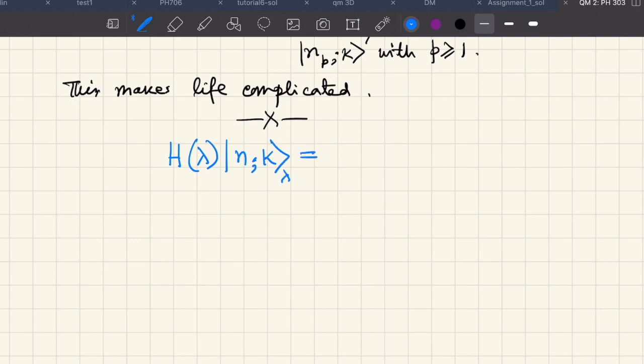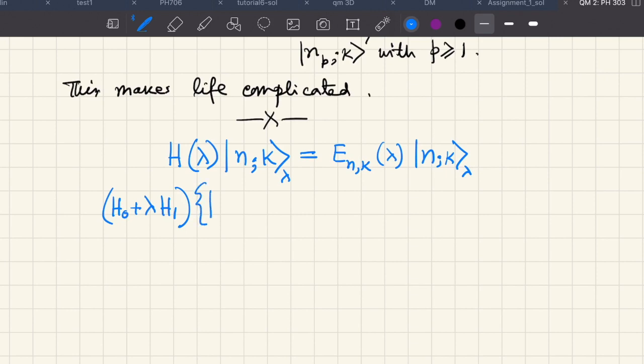I am not going to use the subscript lambda from now on, just to remind you that there is a lambda dependence in the state also. So let us write this as H0 plus lambda H1, and this nk lambda, I know what it is.